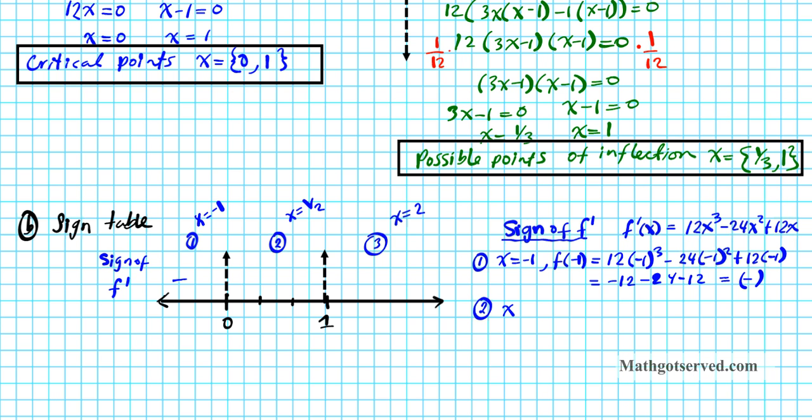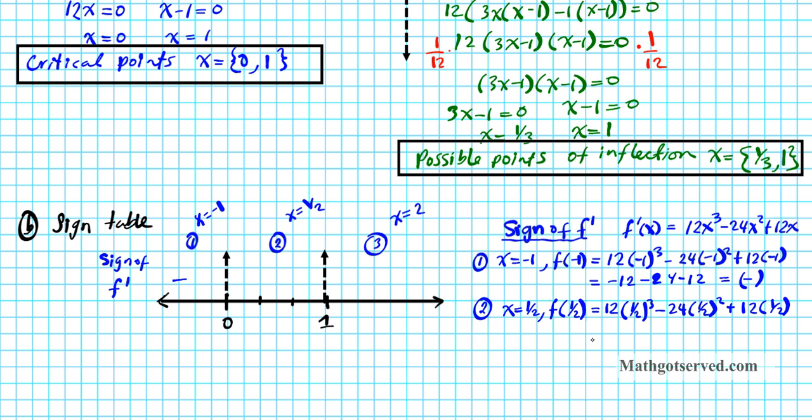Okay, negative. All right, let's look at the second interval, interval number 2. We're using x equals 1/2. All right, so let's look for f prime of 1/2. That's going to be 12 times 1/2 to the third minus 24 times 1/2 squared plus 12 times 1/2.